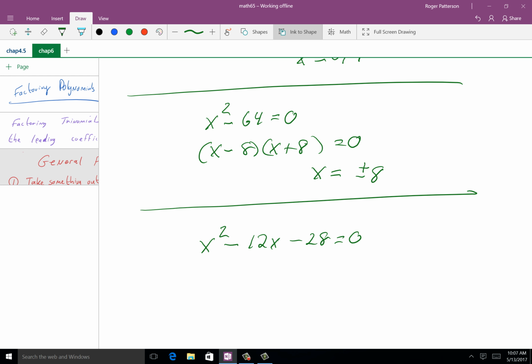Okay, what are the ones I need? Which one's minus, which one's plus? Nice. Okay, what's the answer? 14, -2. All we're doing is taking it one step farther. It's going to be the opposite.